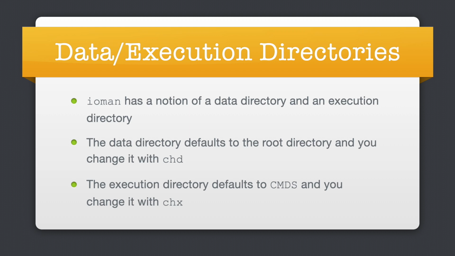You use the chd command from the shell to change this directory, just as you would use the cd command on Unix. The execution directory has no analog to Unix. It defaults to the commands directory, and you use the chx command from the shell to change it. The execution directory is where IOMan searches for programs to load and execute.